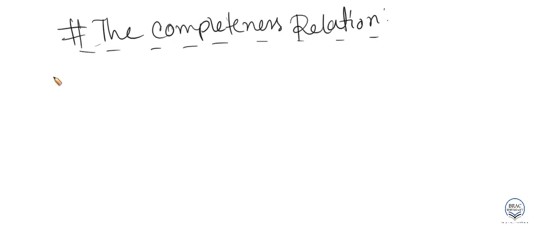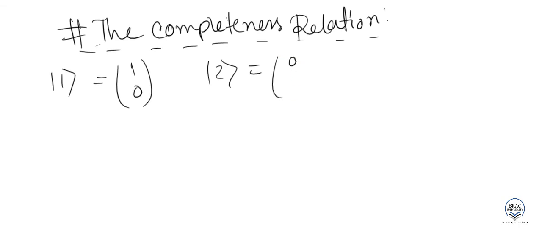Let's start, and we are going to take column vectors. Okay, we're going to consider a very simple system. So let's say |1⟩ is equal to (1, 0) and |2⟩ equals (0, 1).